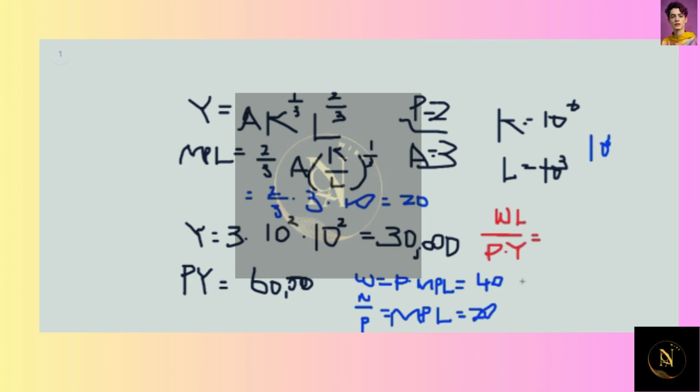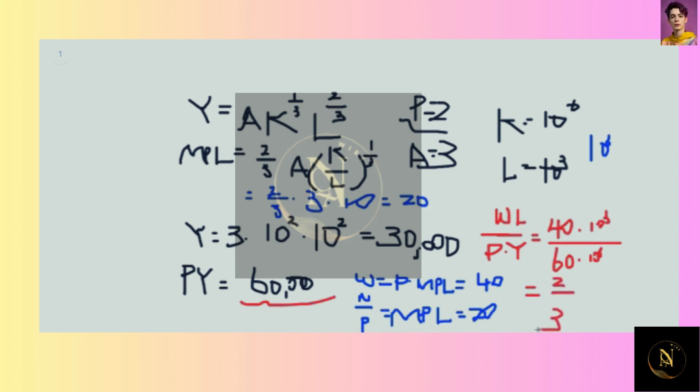So we already have this W, which is 40, and 40 times labor, so I'll just write 40 times 10 to the power of 3, divided by PY, which we already have here. So it is 60 times 10 to the power of 3. So the labor share is 2/3.